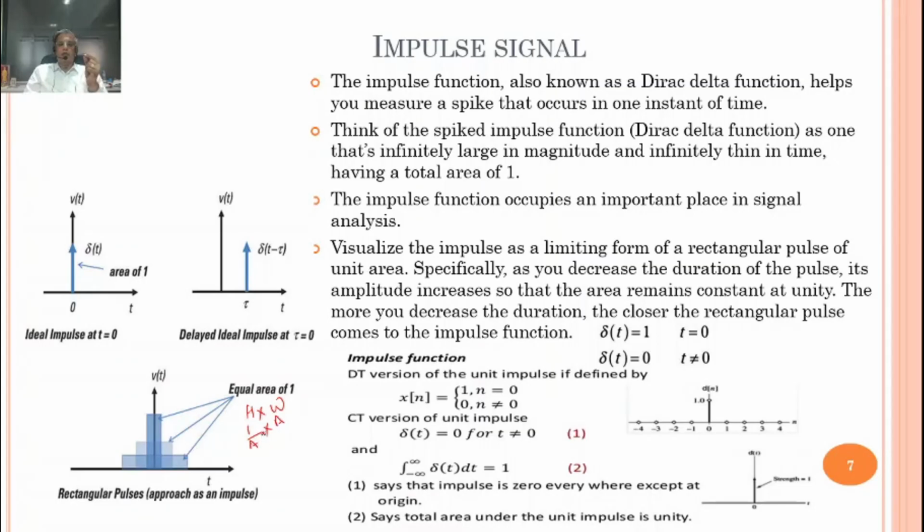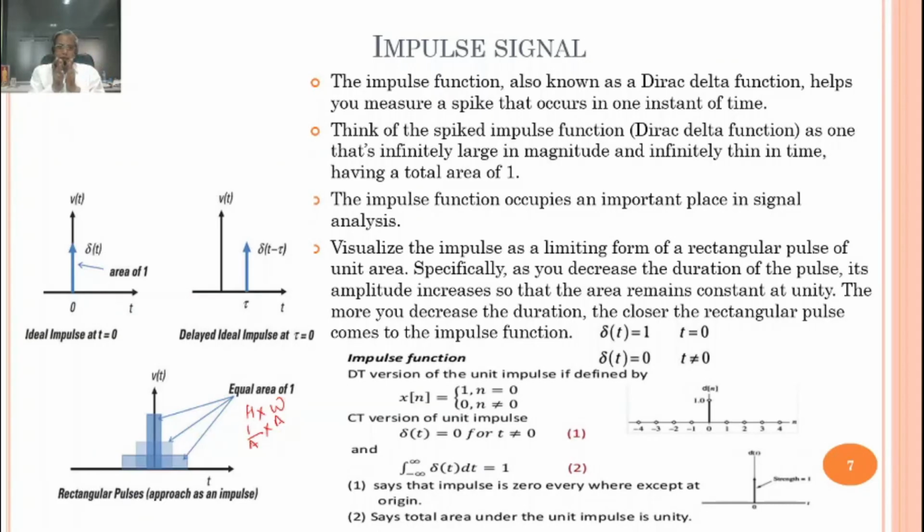Area is 1. Now, if we decrease the duration of the pulse, its amplitude will be increased, and the area remains the same. We decrease the width, and by the same amount the height will be increased, so the area will remain the same.